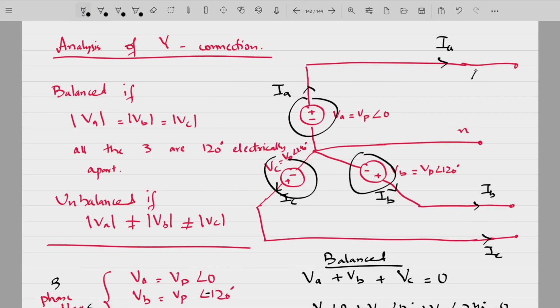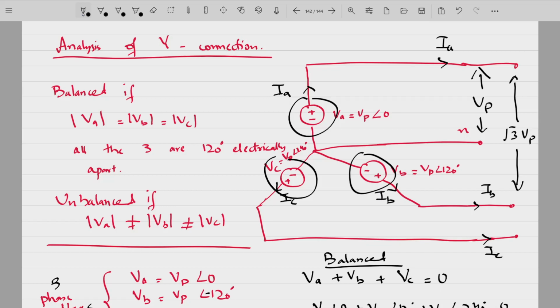You can take output from here between your phase and neutral point. आपके पास, say for example you are running a 3-phase 4-wire system. All those 4 wires are accessible to you. If you tap between the phase and the neutral point, you will get a voltage of Vp. Fine. But if you tap between a phase and a phase, you will get a voltage of root 3 times Vp. ठीक है.